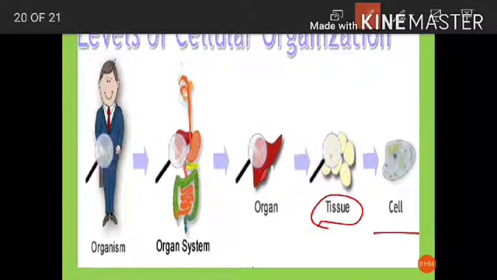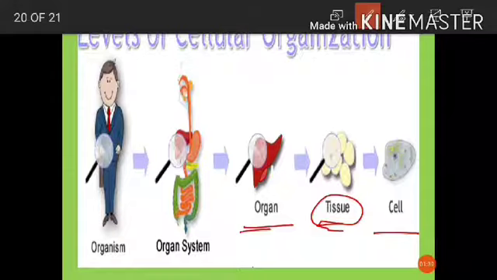For example, muscle, nerves, blood, bone, they all are different tissues. Now, a group of tissues performing a specific function forms an organ like stomach, lungs, kidney. All these are different organs present inside our body.